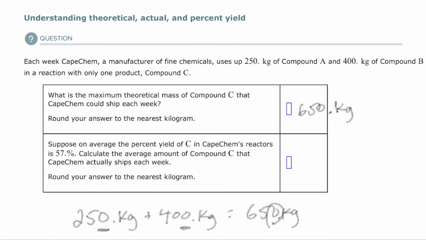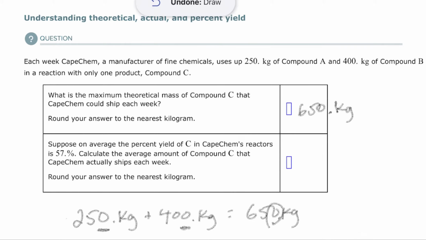That's your theoretical yield. Your actual yield is going to be found with the formula: actual yield divided by theoretical yield equals percent yield. Let me do that again for you.